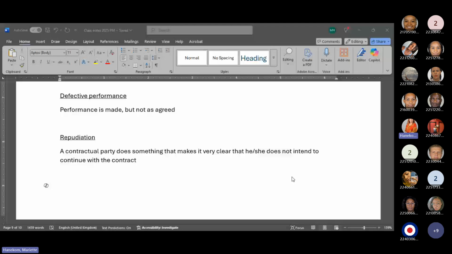He can't deliver it anymore. That would be repudiation. Another example of repudiation, perhaps more common, is if I've offered somebody a job and they're supposed to start working on the 1st of the month, and a week before that, they start working somewhere else. Doing something, making it clear that they have no intention of continuing with the contract, that is known as repudiation.